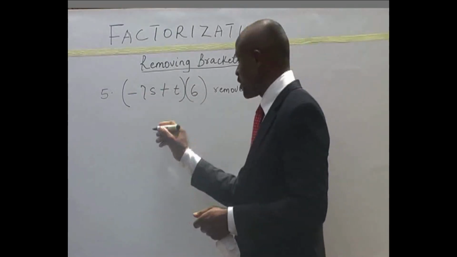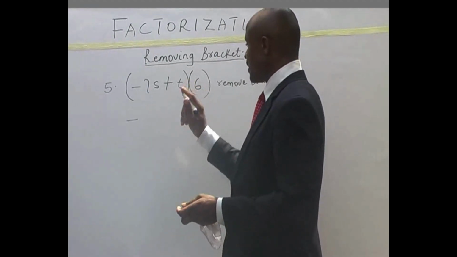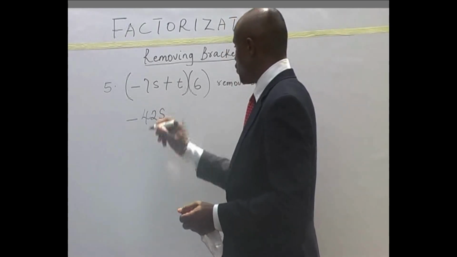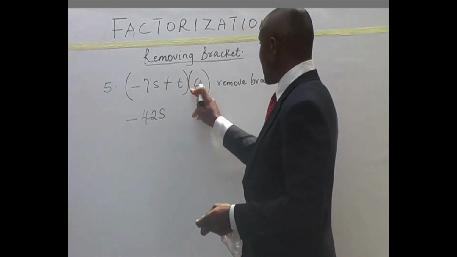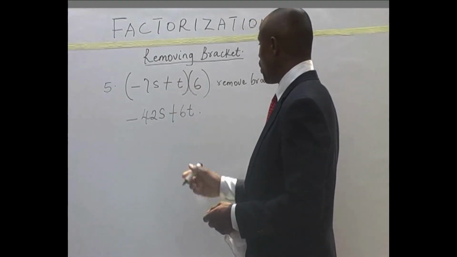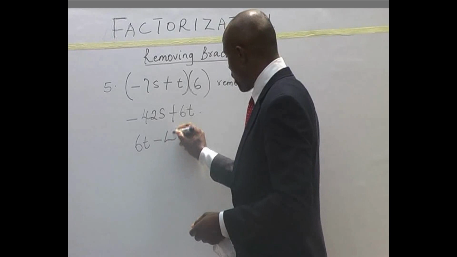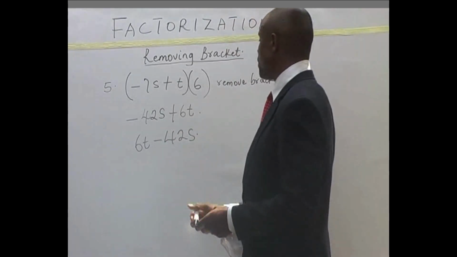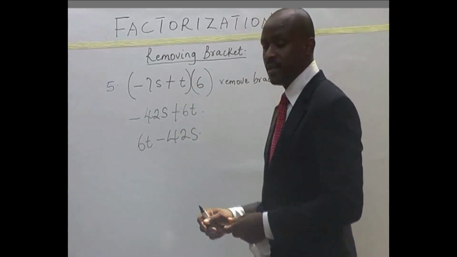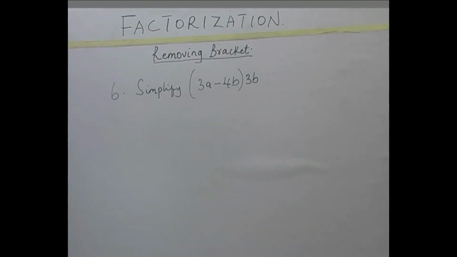How? 6 times minus 7 will give you minus, and 6 times 7 is 42. You can use a calculator to confirm it. That means you have 42s. Then 6 times t will give you 6t. This is something as having 6t minus 42s. That is the meaning of this. And removing these brackets, this is what we get as the answer.